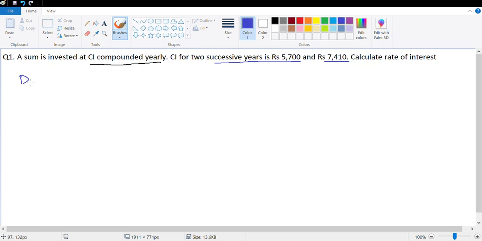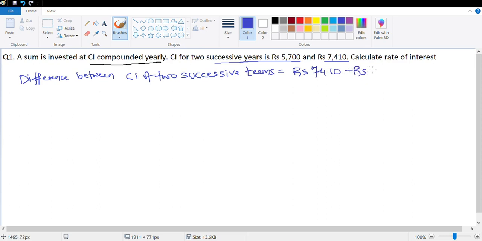So difference between compound interest of two successive terms is equal to rupees 7410 minus rupees 5700, which is equal to rupees 1710.